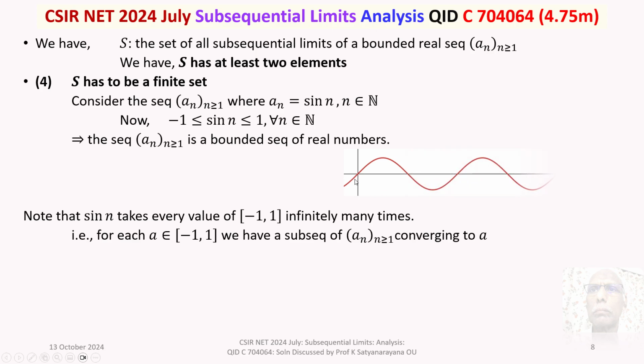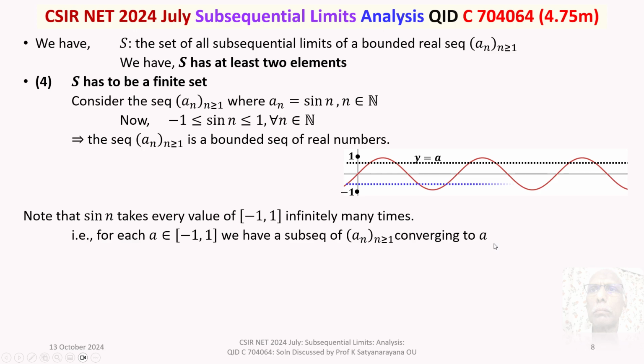So this is your sin n curve. And the range is the closed interval minus 1 to plus 1. Now, for each a belongs to the closed interval minus 1 to plus 1, we have a subsequence of a_n. These are the terms of the subsequence converging to a.